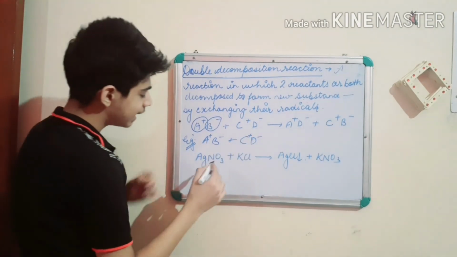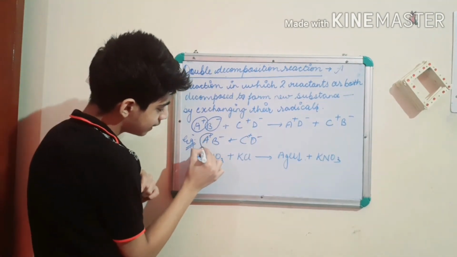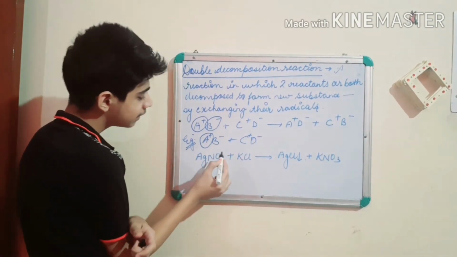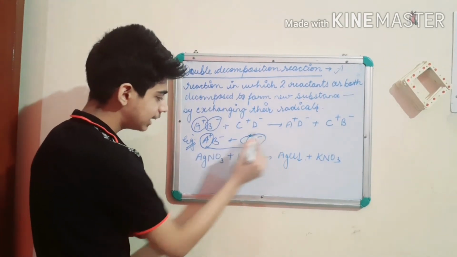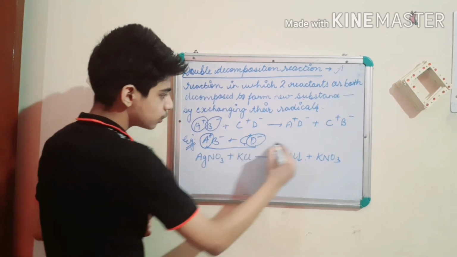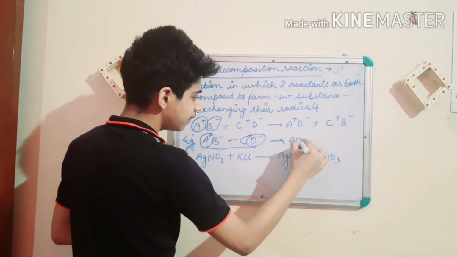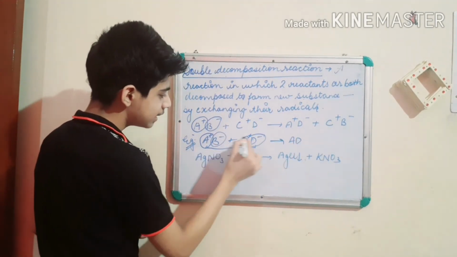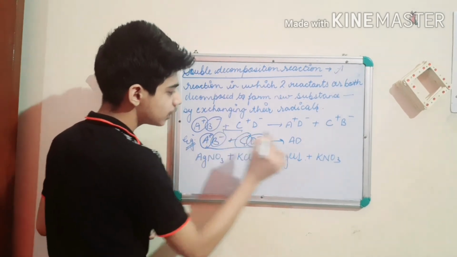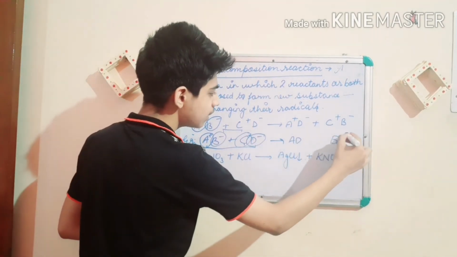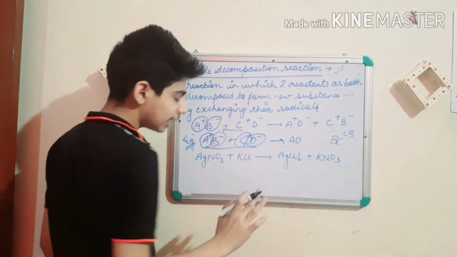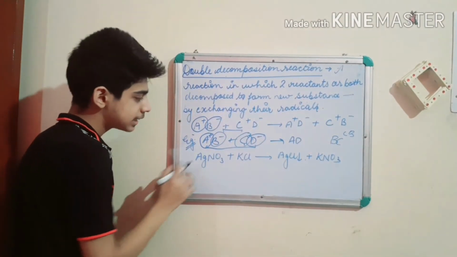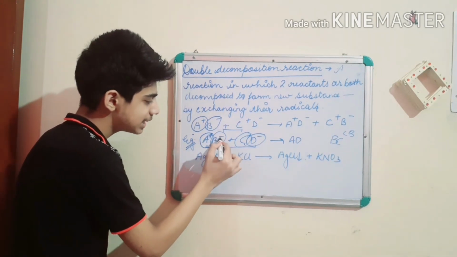Now when they react, A reacts not with C but with D, because D is negative and A is positive, so the new compound will be AD. And B is negative, C is positive, so they both react and form a compound BC or CB, you can write whichever way. The important thing to note is that a positive should always react with a negative.